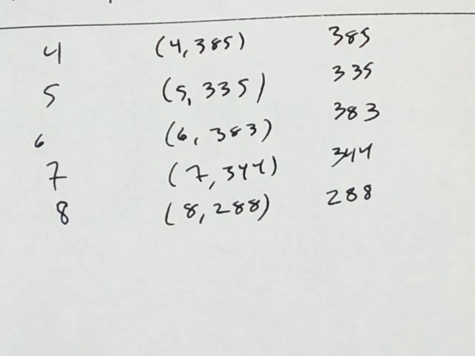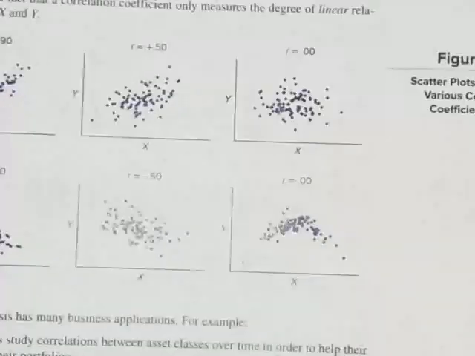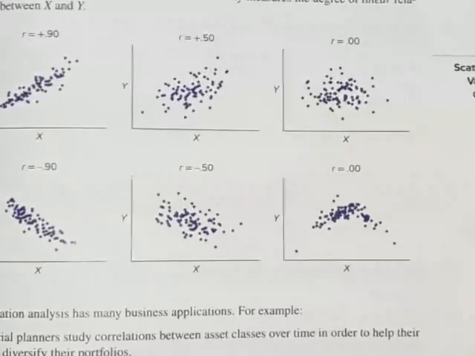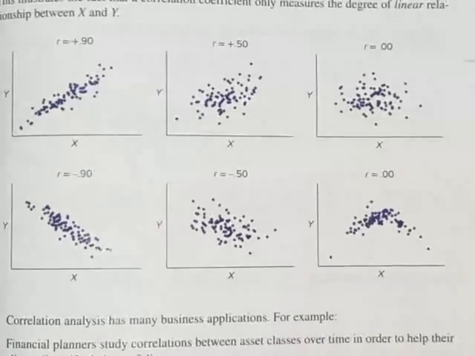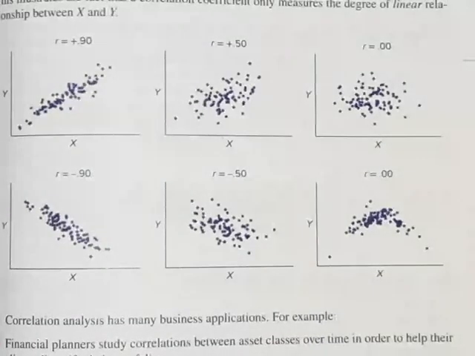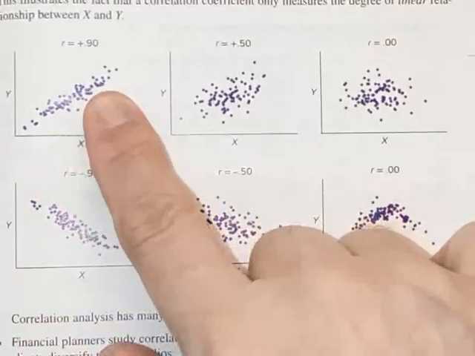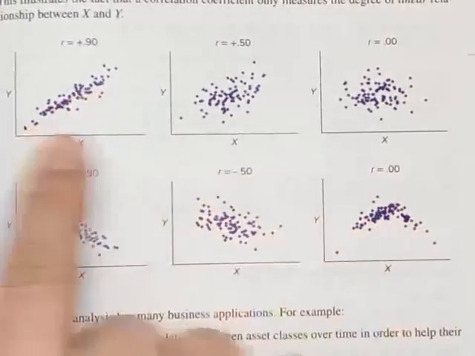On page 459 are a bunch of other pictures of different scatter plots. We've seen this back in chapter 4. That's a positive correlation. As X gets bigger, Y is getting bigger.